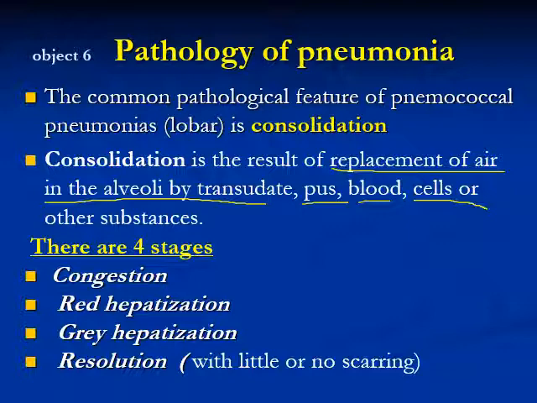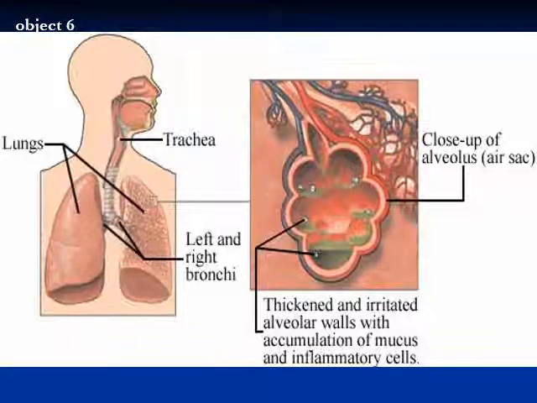So consolidation is the replacement of the alveoli by transudate, exudate, pus, blood, or inflammatory cells. The stages of consolidation are first congestion, second red hepatization, third gray hepatization, and fourth resolution. This is a diagram. You see this is the trachea, and this is the infected lung.